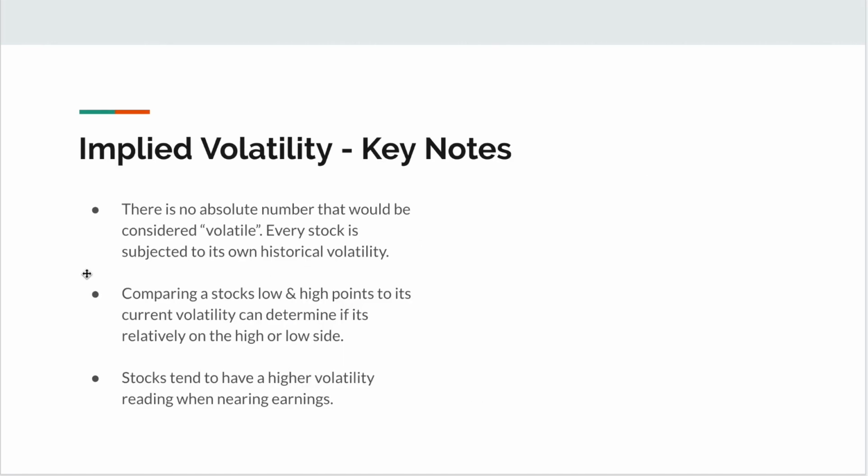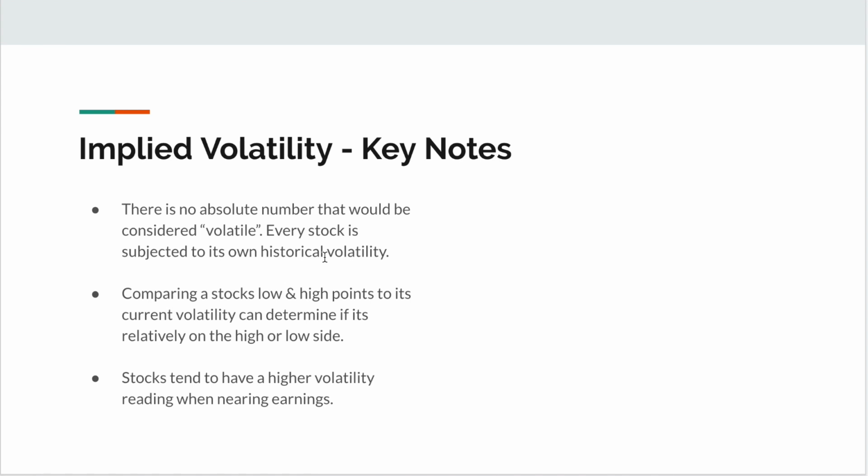So, some key notes on implied volatility. There is no absolute number that would be considered volatile. Every stock is subject to its own historical volatility. When you look at a stock, it may look volatile to you, but that stock is only volatile when compared to its own historical volatility. So every stock is different.